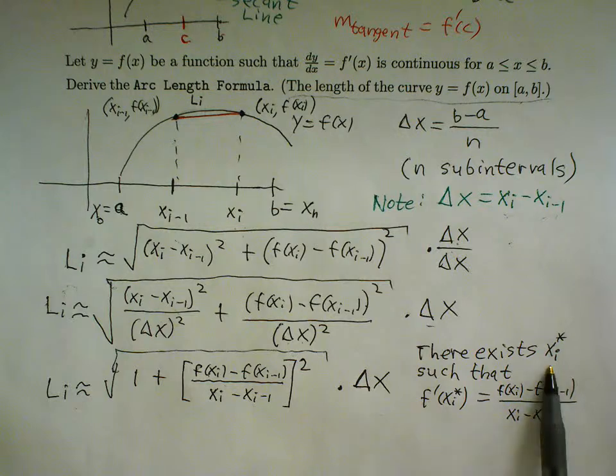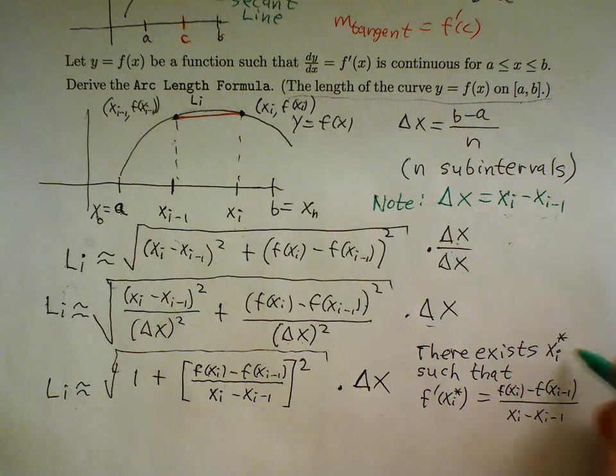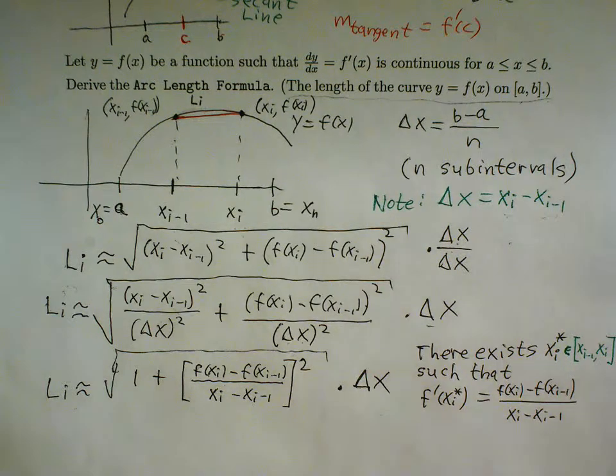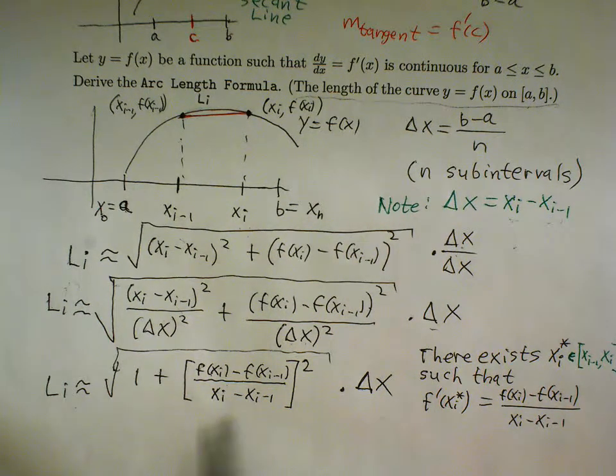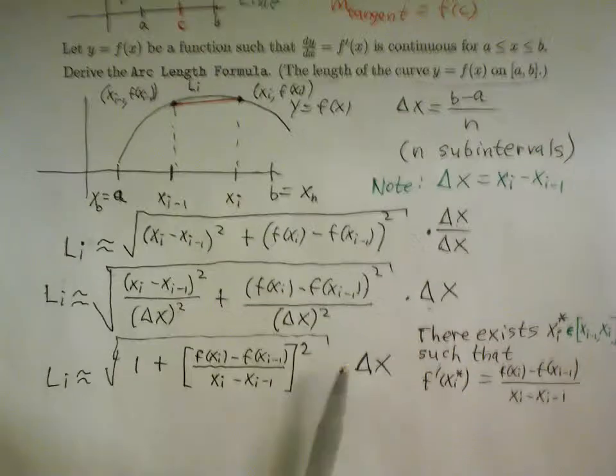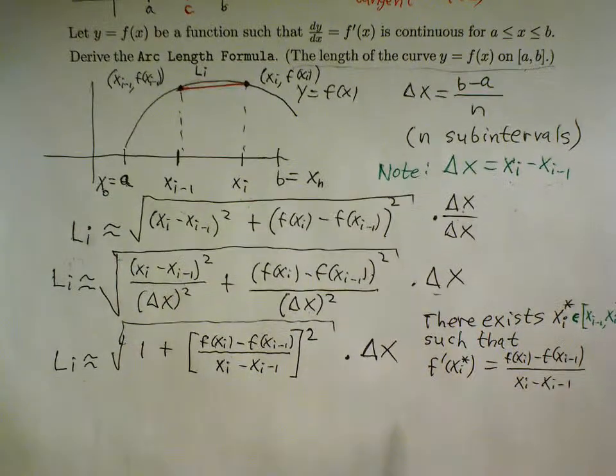This x sub I star is in the interval from x sub I minus 1 to x sub I, so I should indicate that here. It is an element of the set of numbers from x sub I minus 1 to x sub I. So we can simplify this approximation of the arc length on that interval.